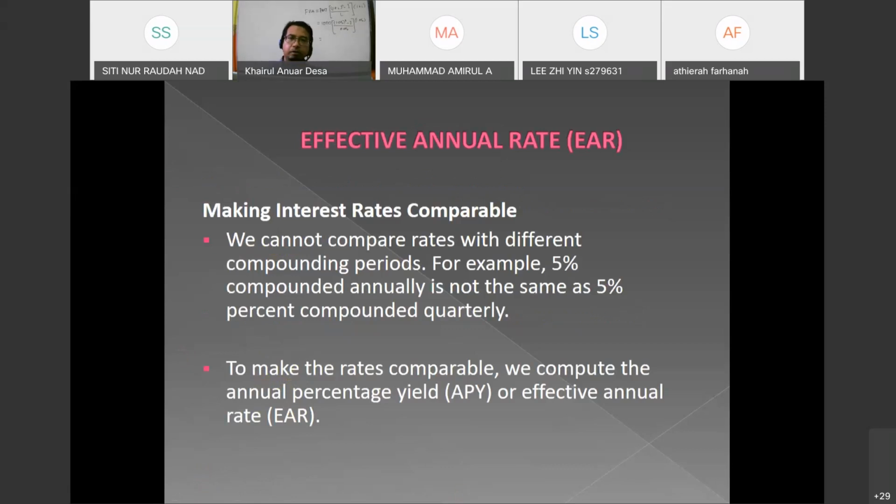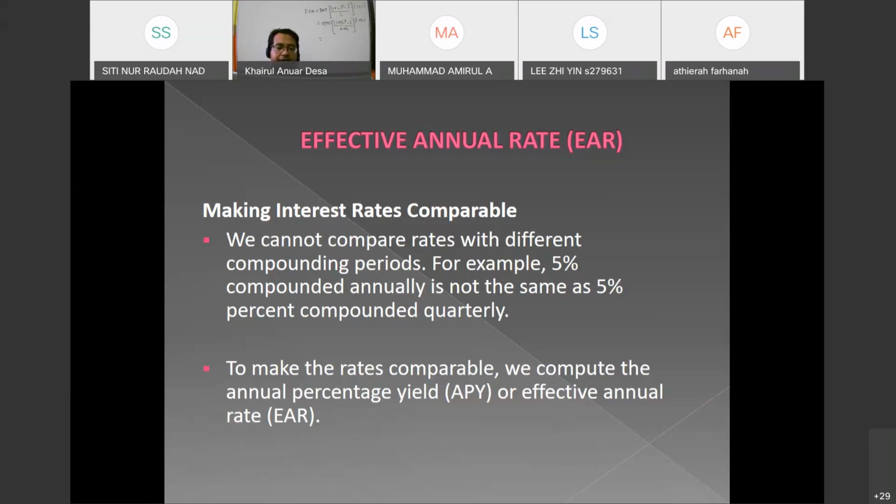Okay, in your loan agreement, the bank states clearly the interest rate, and the interest rate represents what we call the annual interest rate, ataupun kita panggil annual percentage yield, iaitu APY.